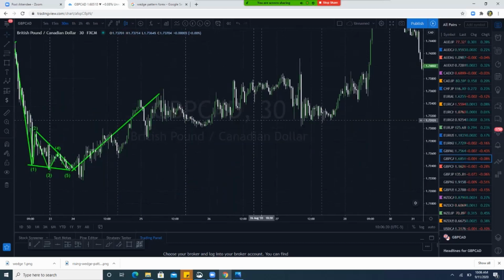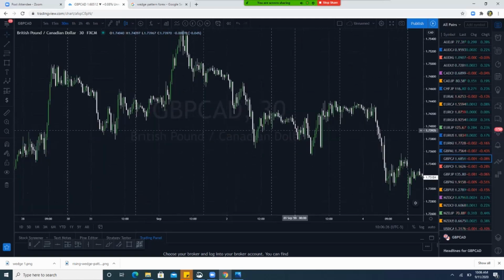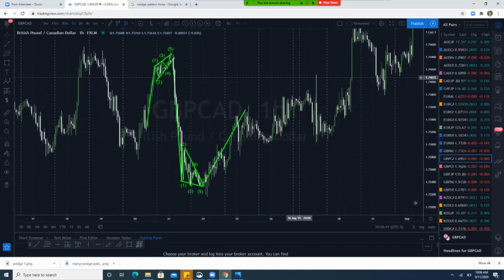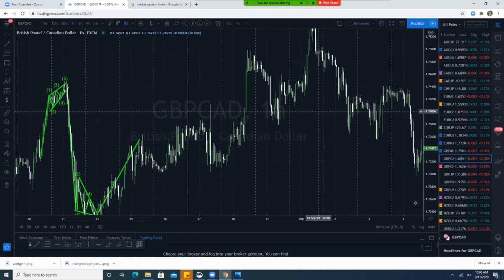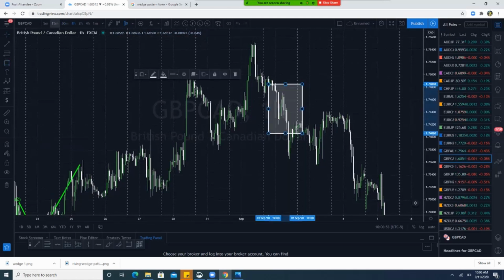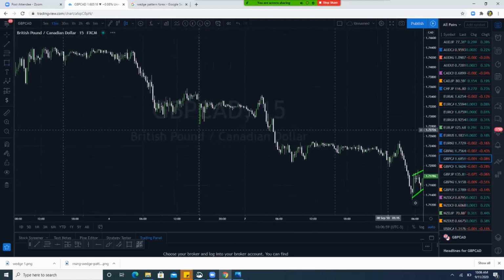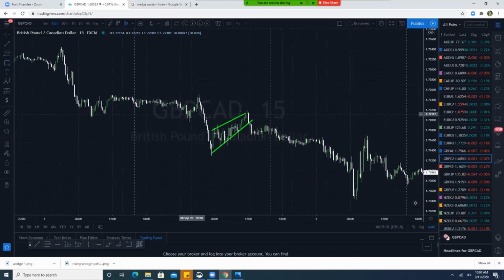Continuation wedges are going to look very similar to the reversal wedges. The only difference is that price is going to continue from that point. So if we look here, let me see if I can find a continuation wedge. Basically, you see that price is going down, and this is a continuation rising wedge.